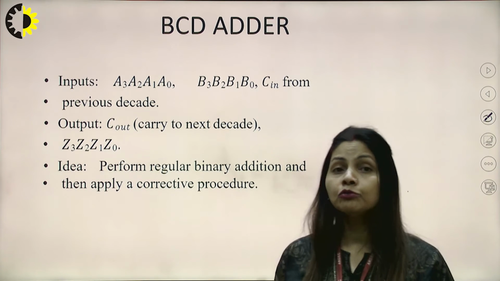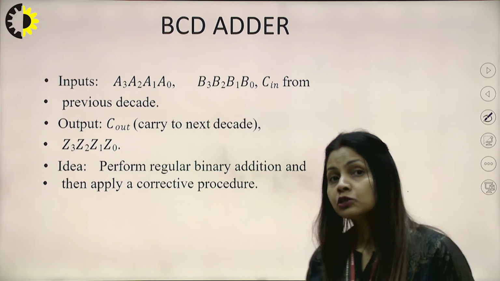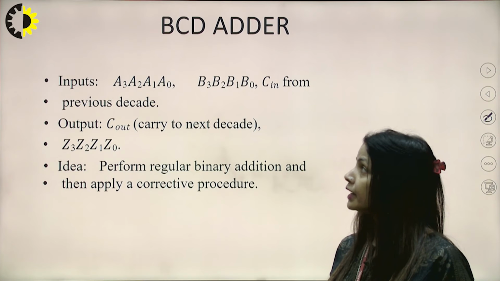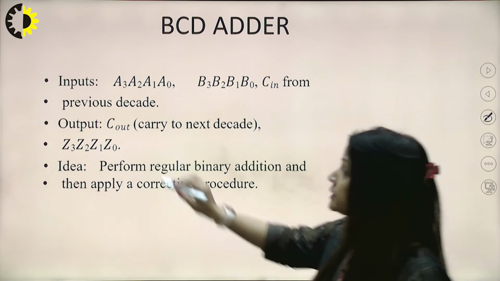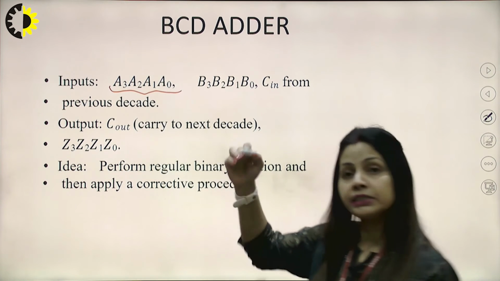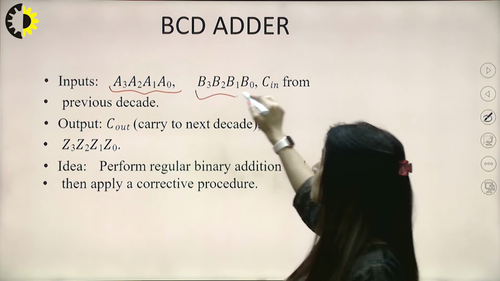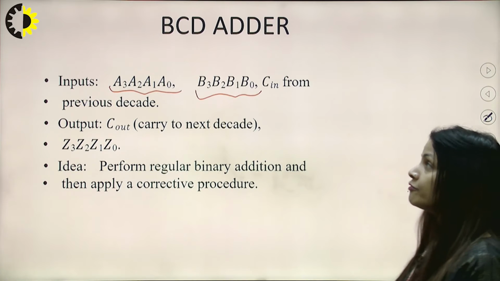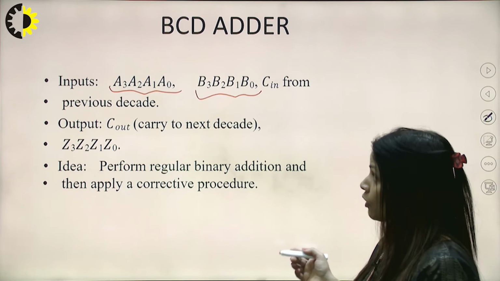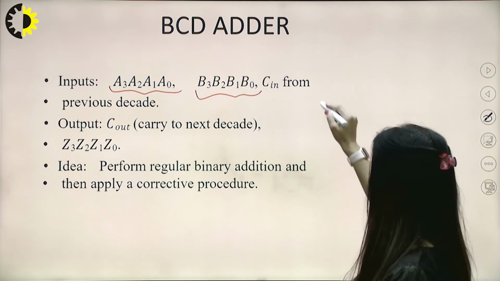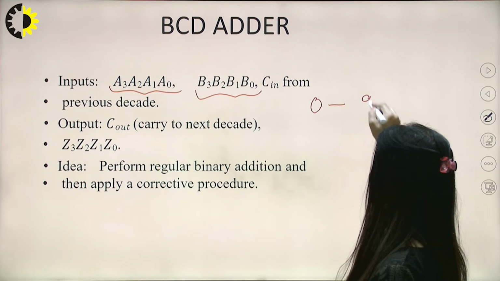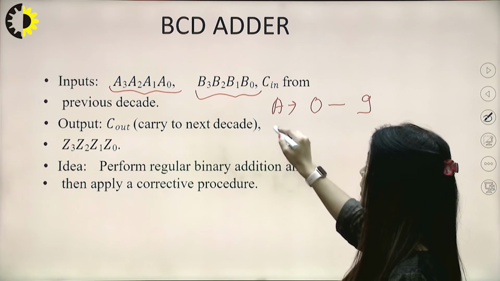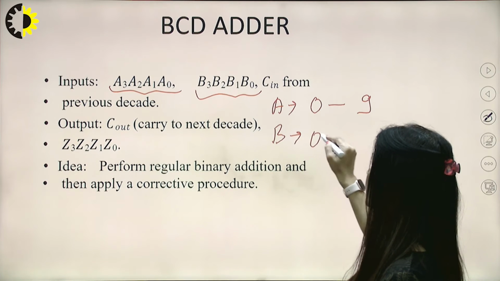Now coming to the BCD adder. For designing the BCD adder, both inputs are in BCD form. A may be from 0 to 9, and B may be from 0 to 9.